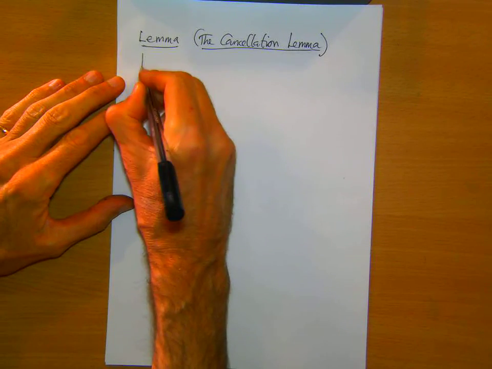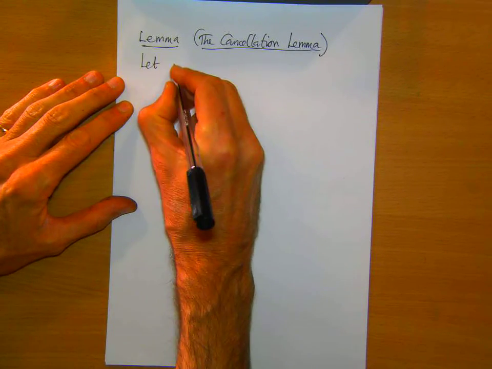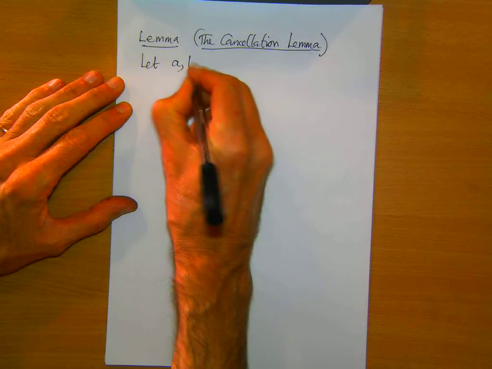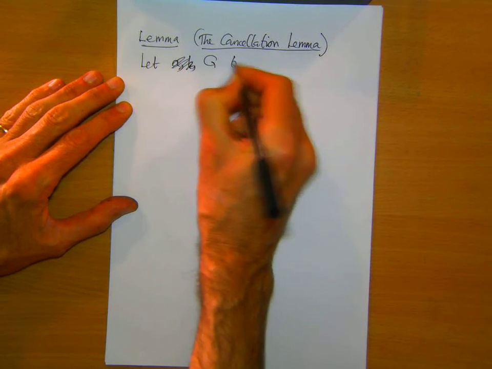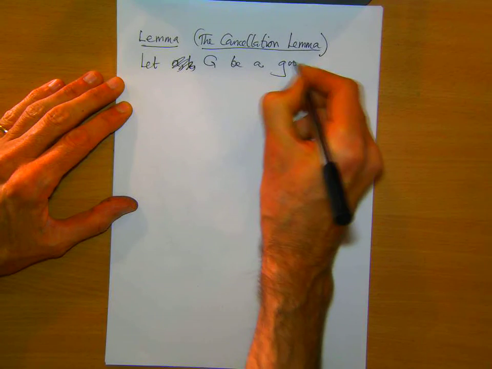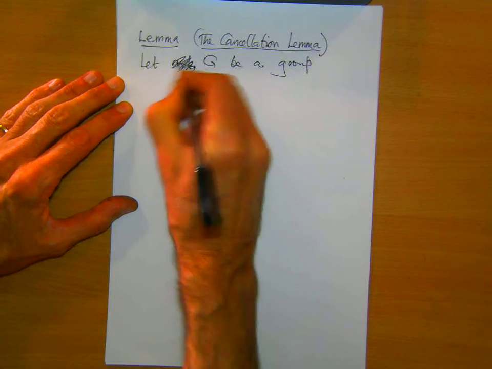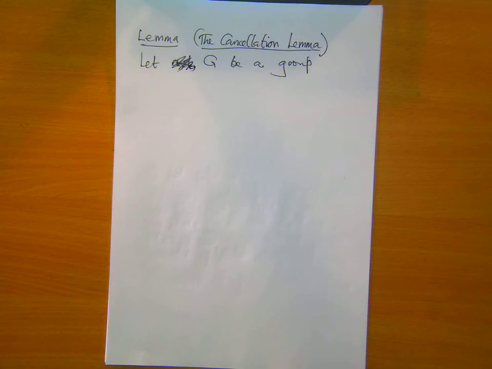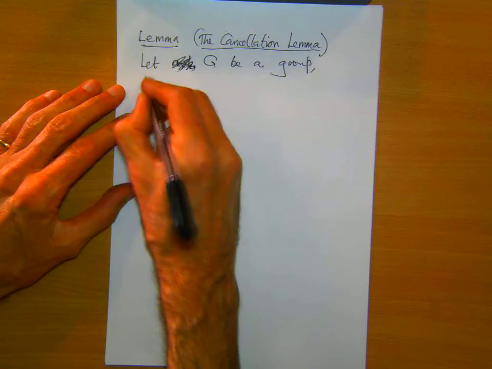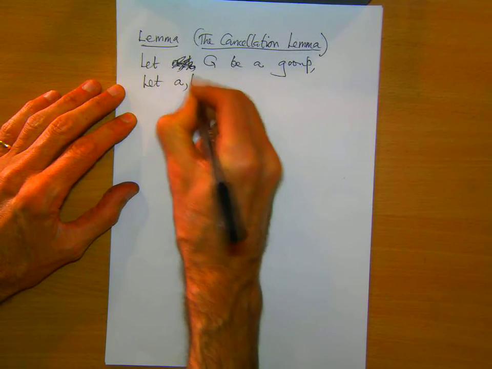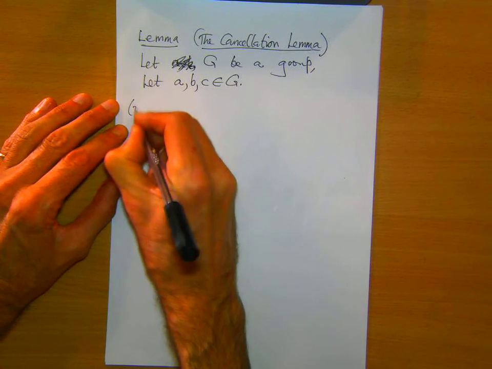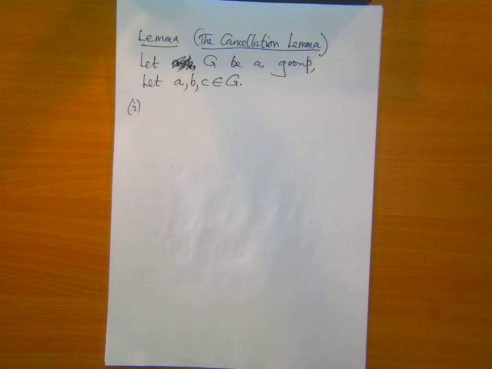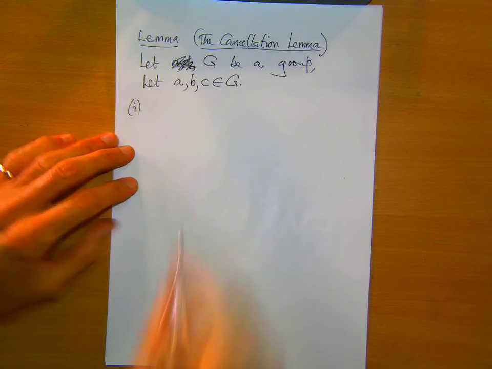Okay, so suppose we've got A, B, and well, perhaps I should say let G star be a group, and let, say, A, B, and C be elements of G. Well, there's a cancellation lemma on the right and there's a cancellation lemma for the left, and we'll write them both down.